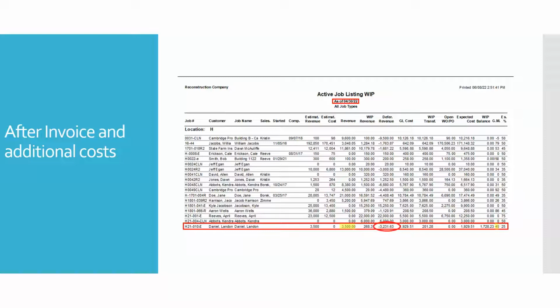We have the deferred revenue. We also have general ledger costs, our previously recognized costs through the WIP transfer process, our expected cost, which is the WIP transfer plus the WIP balance, gives you expected. And then we have our WIP balance costs. Those costs have not yet been through the WIP calculator process.